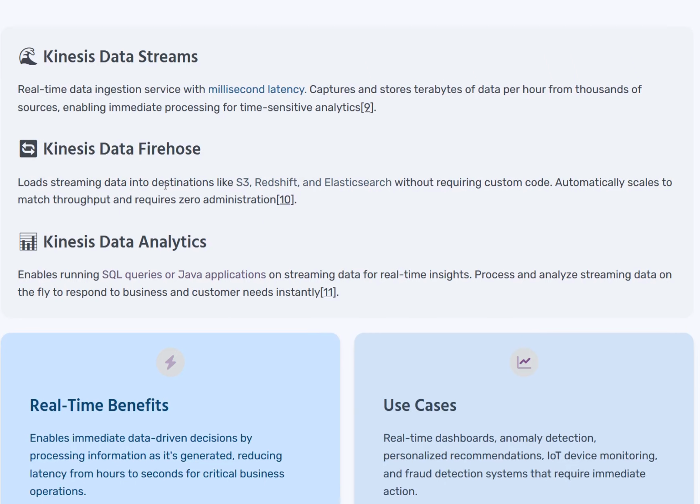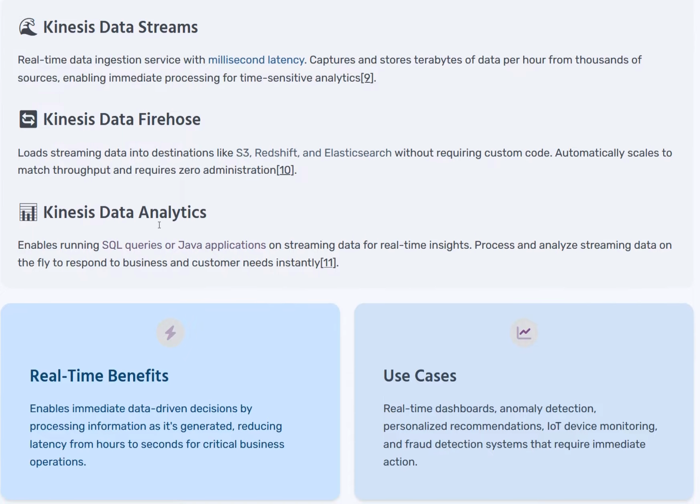Kinesis Data Firehose loads streaming data to destinations: S3, Redshift, Elasticsearch without requiring custom code, automatically scales to match throughput, requires zero administration. Data analytics running SQL queries, or Java applications to write, process and analyze streaming data and apply the response to business or customer instant need.